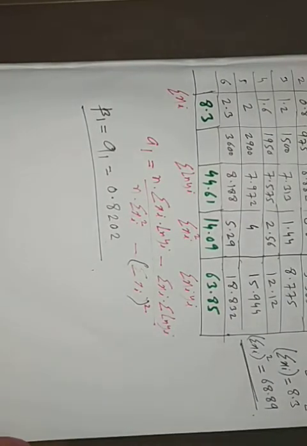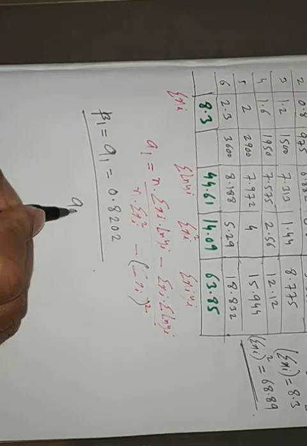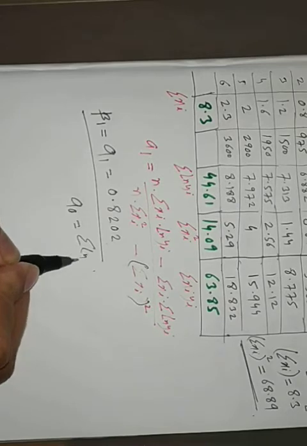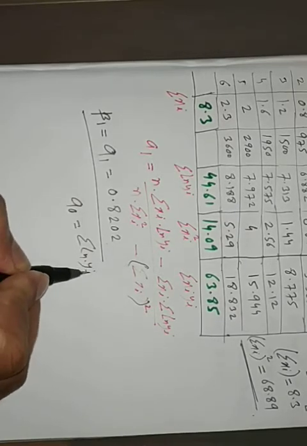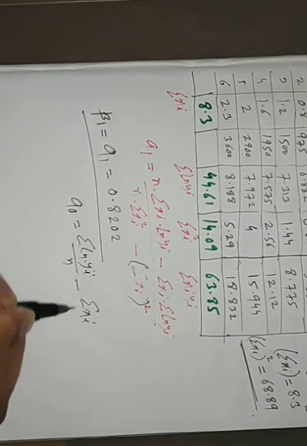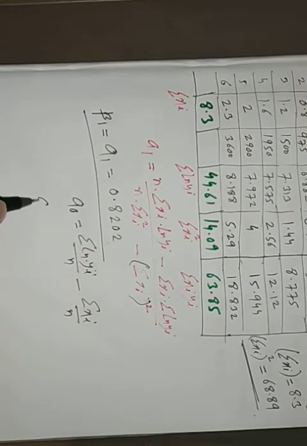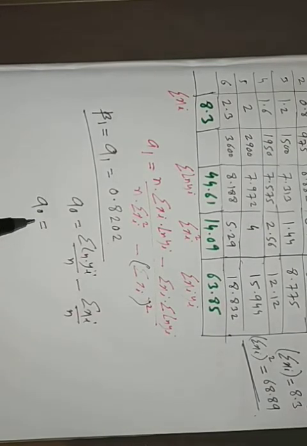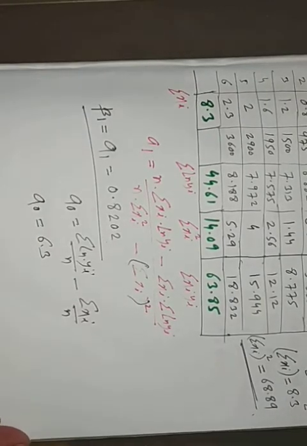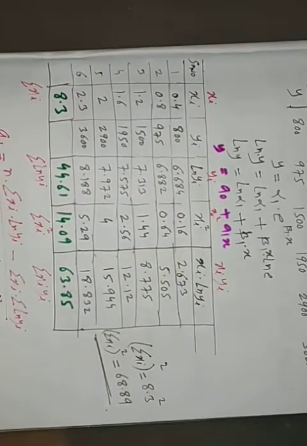Next, a0. What is the formula? a0 is equal to summation of ln yi upon n minus a1 times summation xi upon n. So again you put all the values, you will get a0 is equal to 6.3. What is a0? a0 is ln of alpha 1.